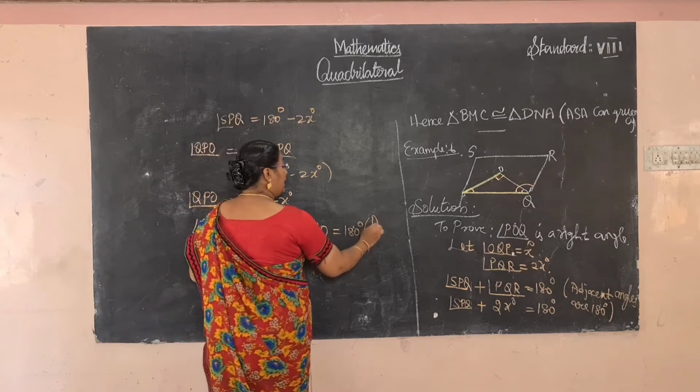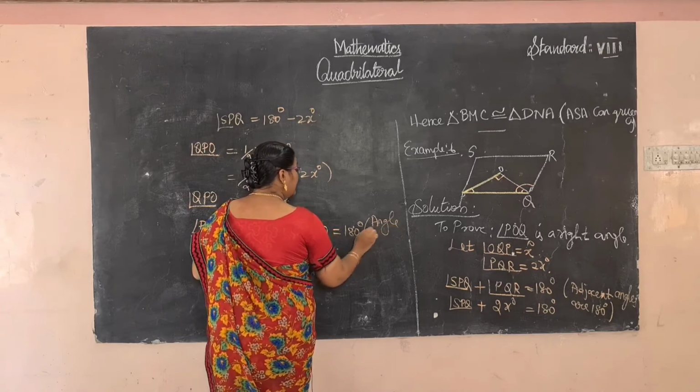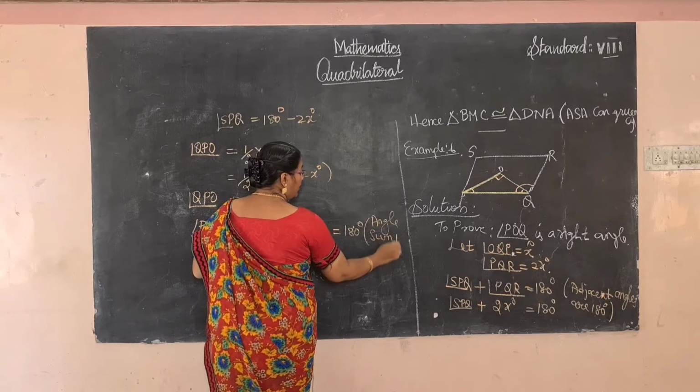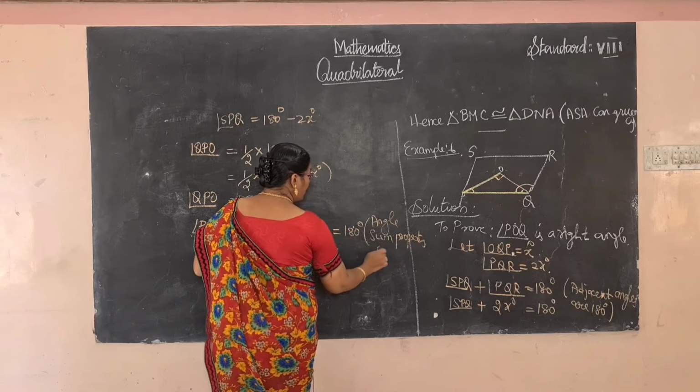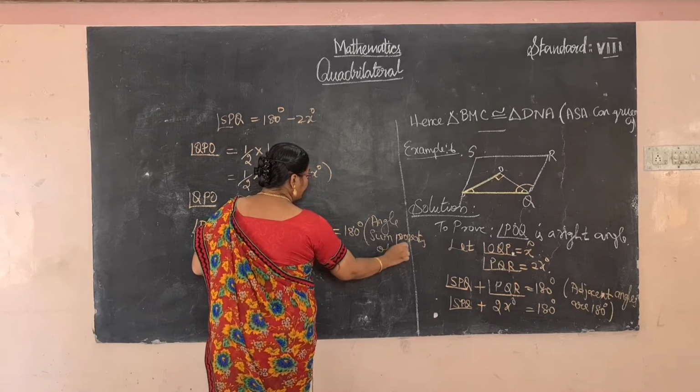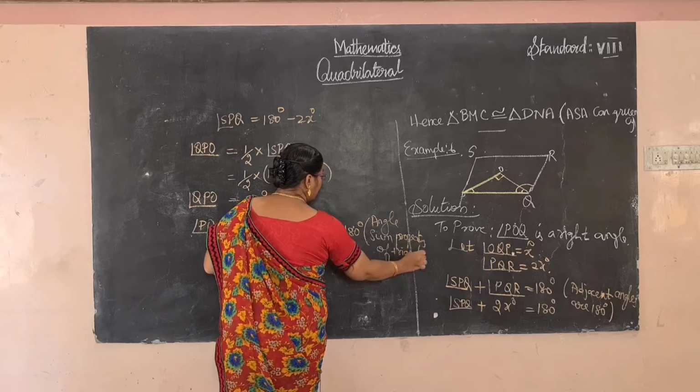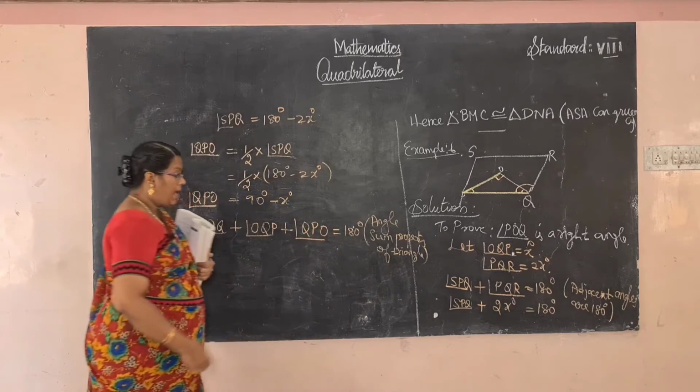Here write the angle sum property of triangle, angle sum property of triangle.